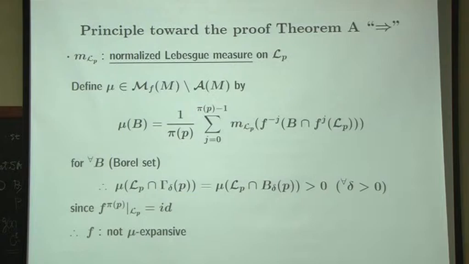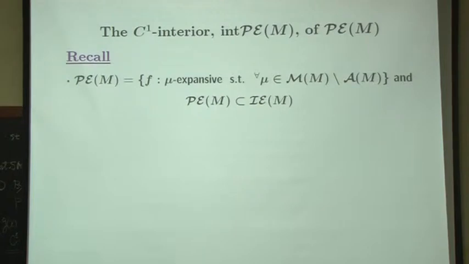This implies that it's not expansive; this is the basic idea. So we have the interior of the set equal to the expansive maps, and also Omega stable systems. And let us recall the PE.